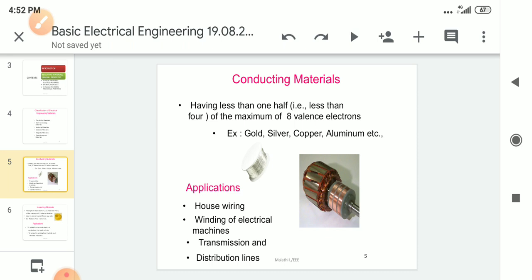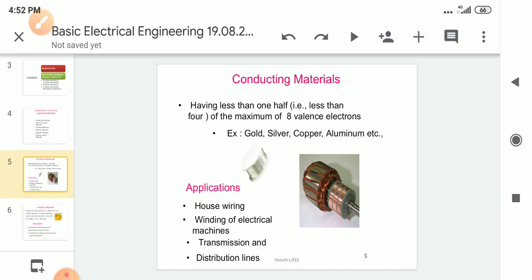Let's see its atomic structure. It is having less than 4, since 8 is the maximum valency electrons available in an atomic structure. If the valency electrons are less than 4, then in the outer orbit the electrons are free to move.